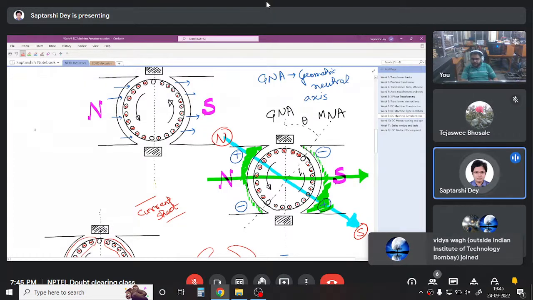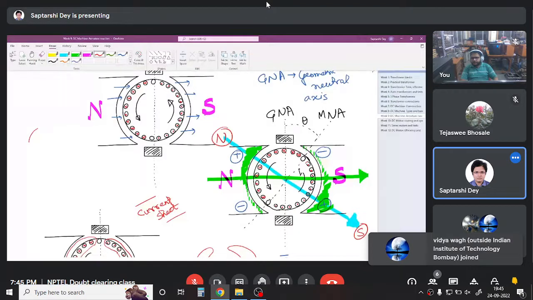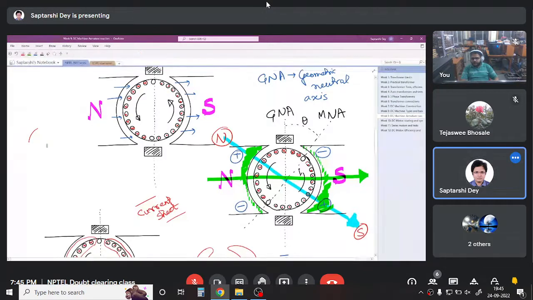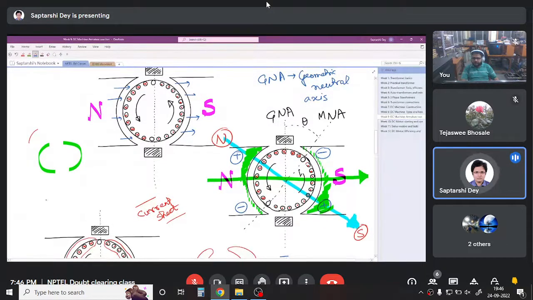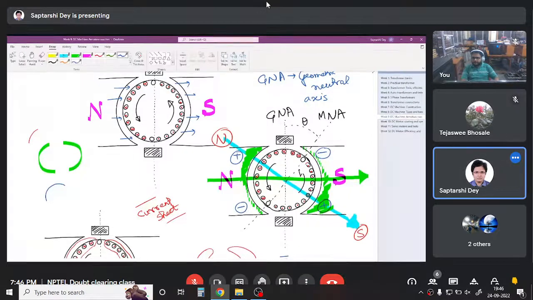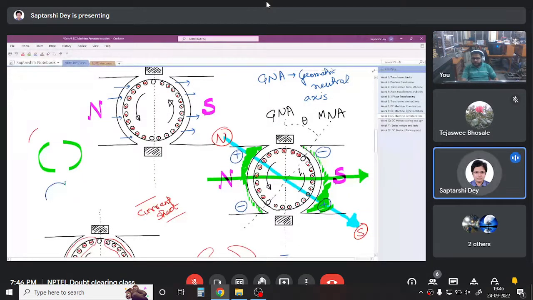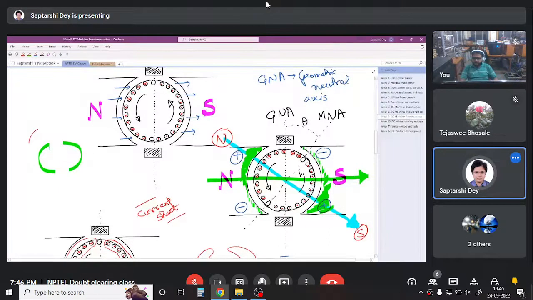So what we had previously? Previously we had a current sheet like this. Now it has been rotated. Now the current sheet is like this. Let me draw on it itself.